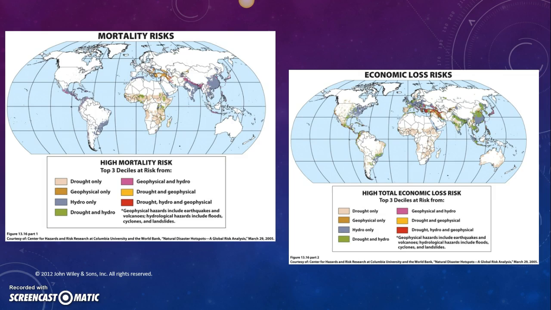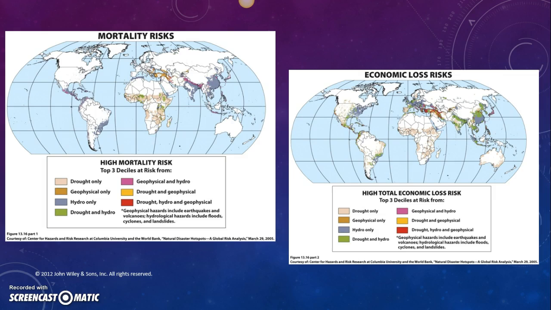Now, if we're looking at economic issues, it's in many ways a very different map to look at. For instance, high losses from hydrological issues in the eastern half of the United States, really. That's a big area. Not surprisingly, parts of China, similarly with flooding and the like, where they're just not equipped to deal with it.